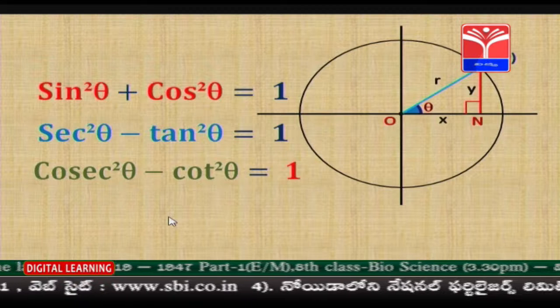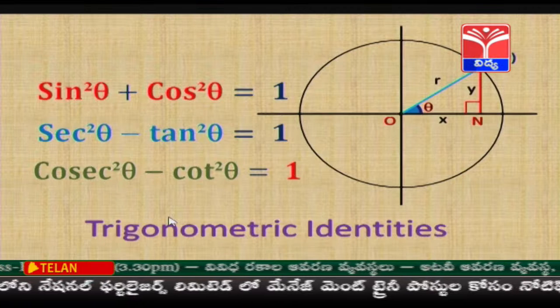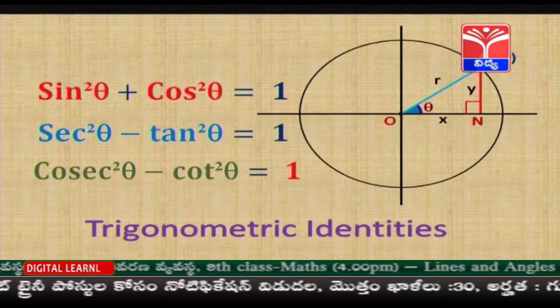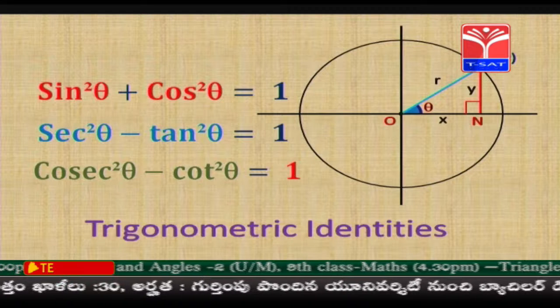What do you call all these things? We call them trigonometric identities. With these trigonometric identities, we can solve a lot of problems.